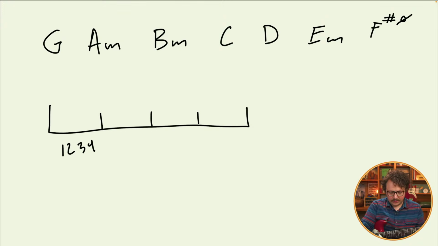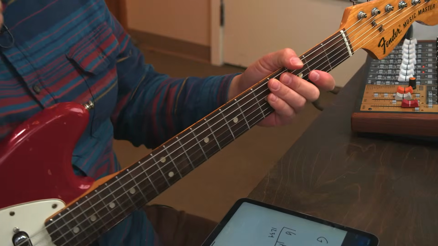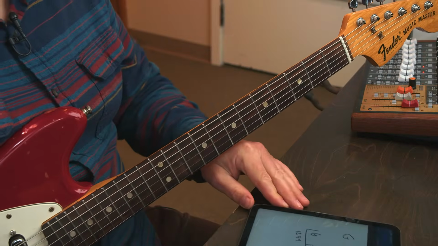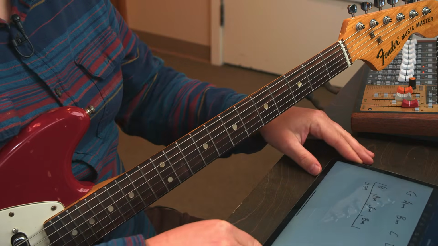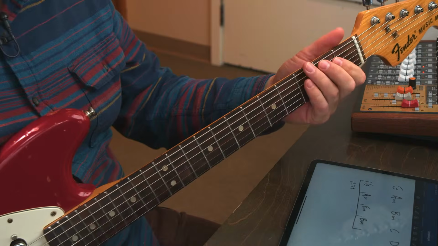Let's do G, let's do A minor, let's do E minor, let's do B minor. Let's see how that sounds. And I'm going to just do a really basic strumming pattern. So we got G, A minor, E minor, B minor. Let's see how this sounds.